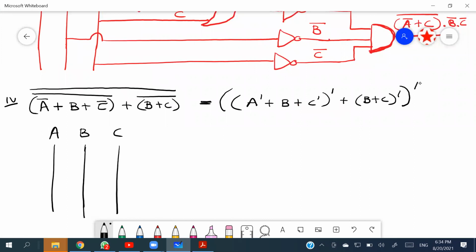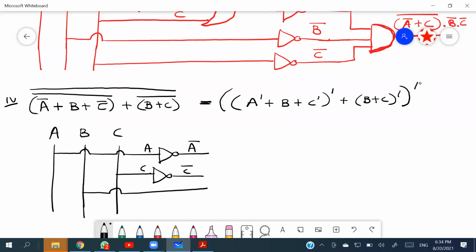Right, so I'm going to create A bar plus B plus C bar. First of all, I'm going to create A bar, and then I'm going to create C bar. Once A is received here, A bar is given from this; C is received here, C bar will be produced by this. Then I'm going to take B, and I'm going to put all these 3 lines inside an OR gate.